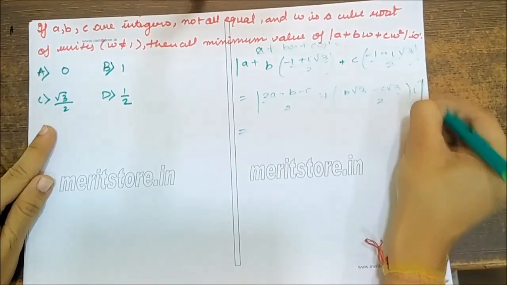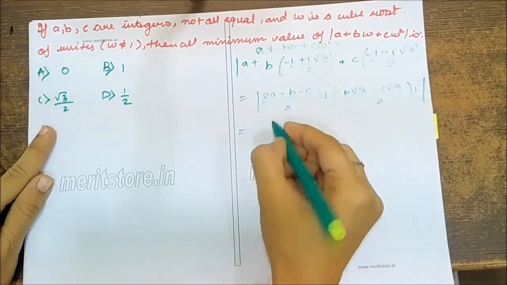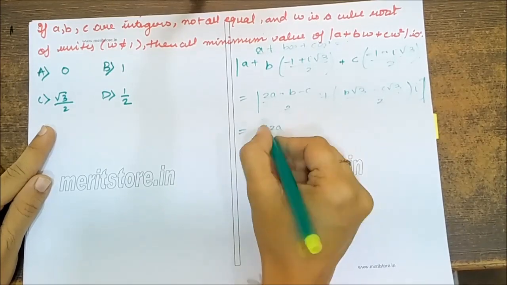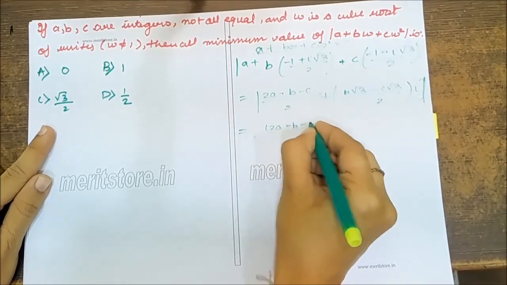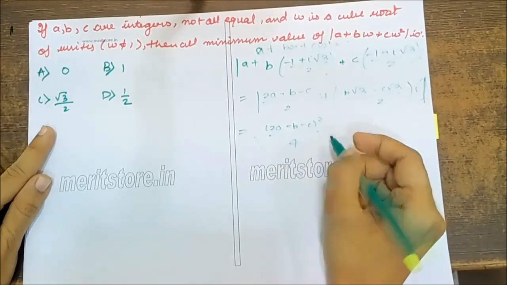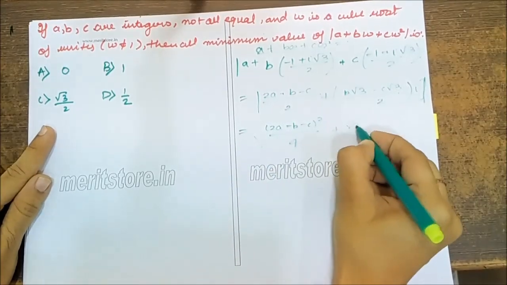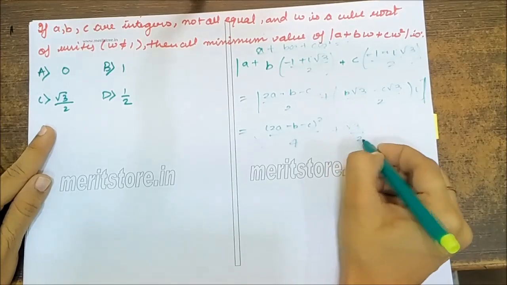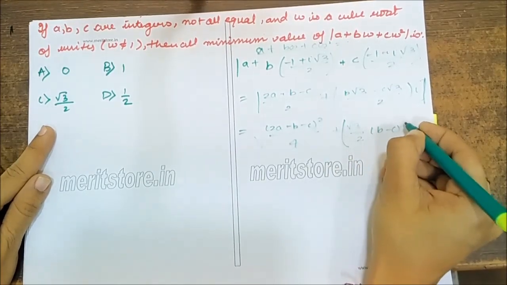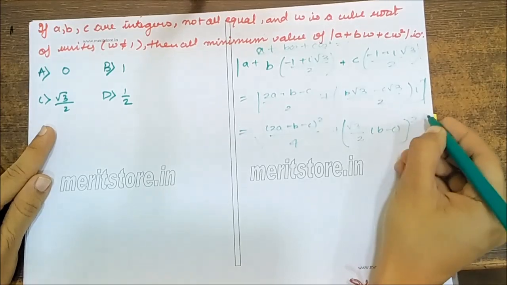So the square root of (2a − b − c)² / 4 + (√3/2)² (b − c)².